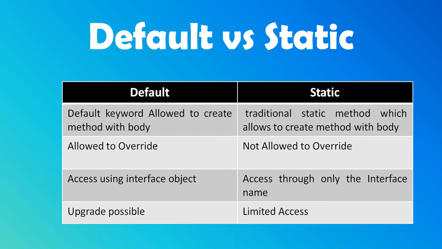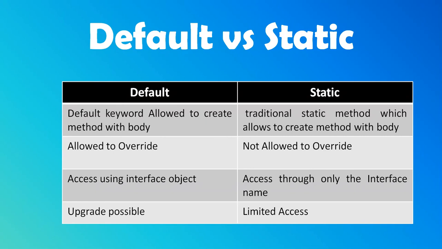I'm giving 10, but you can override it to 15 based on your requirement. But in the case of static, that is not possible at all, because the static method is called through the interface name, like interface dot method name. But a default method can be accessed through the object name dot method name.